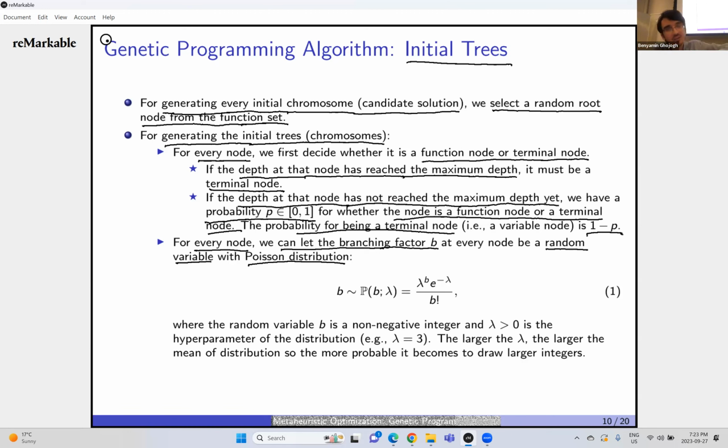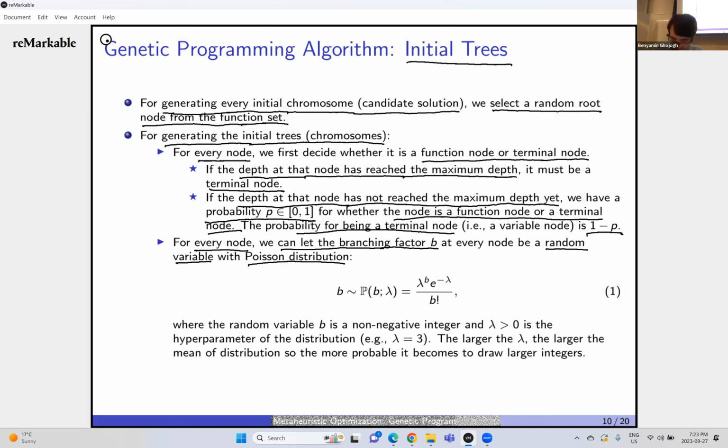Now, for every node, we can let the branching factor also be a random variable with Poisson distribution. First off, what is Poisson distribution? Have you heard of that? Have you heard of Gaussian distribution? Gaussian distribution is the most famous distribution for continuous variables. Now, what if the variable is discrete? The most famous distribution for discrete random variables is Poisson distribution.